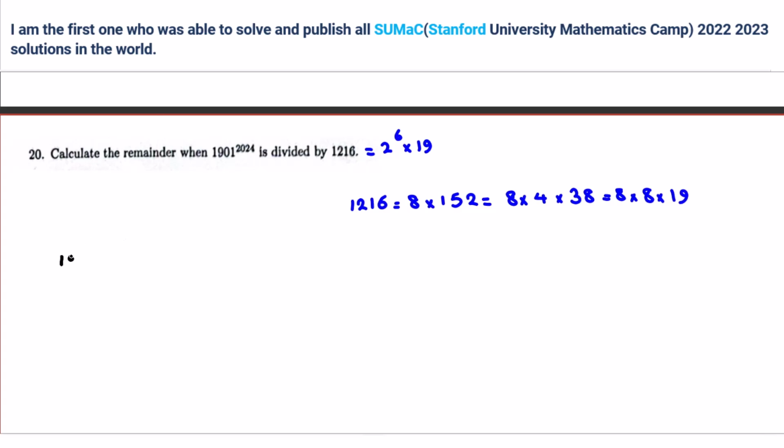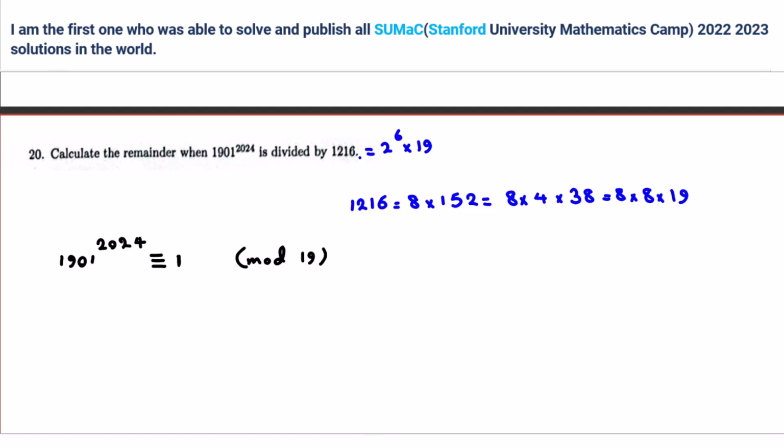Yeah. It is what? 1901 to the 18 is converted to 1 mod 19. So 1 to the this is 1, right? Now we should only calculate 2 to the 16, right? Okay, so here I am thinking of something. So let's try to calculate this number mod 2 to the 6.